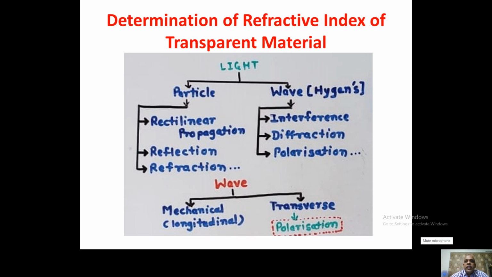Now, as far as theory is concerned, we will first study the behavior of light. You are familiar with that. Light is dual in nature, that is, particle in nature as well as wave in nature.